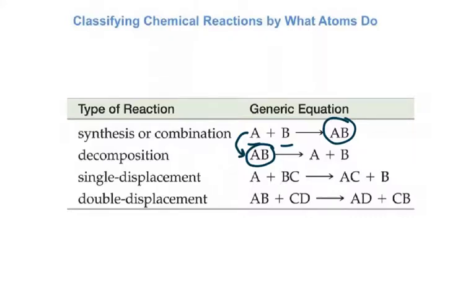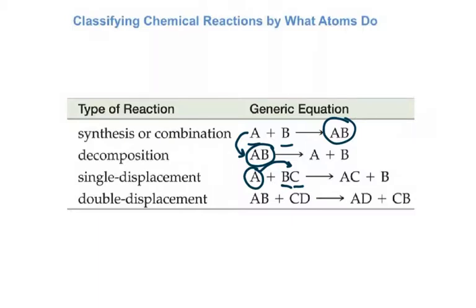Now, take a look at a single displacement. One way that I like describing this, think of a couple dancing. You got a boy here and a girl. And let's say that this boy wants to cut into the dance. So the boy wants to get together and dance with the girl. And then the other boy gets displaced or is asked to step away.